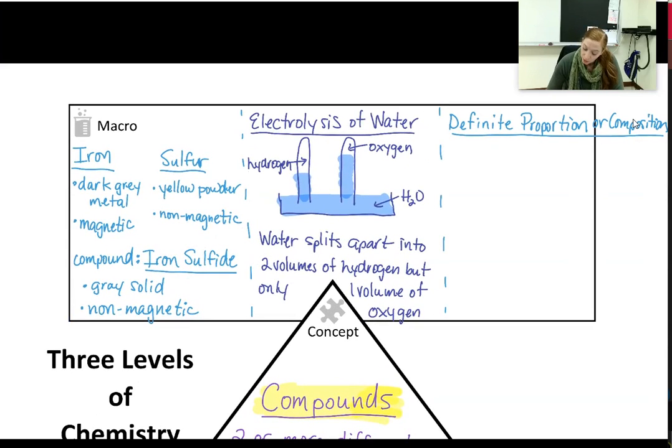And when we define this, we're going to say that a compound has the same ratio of elements by mass.